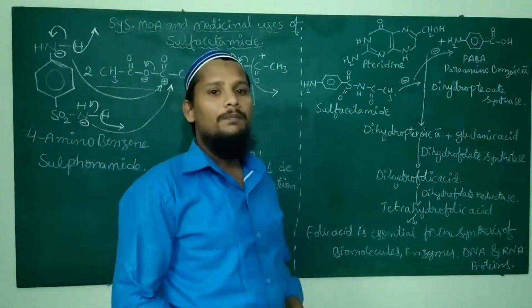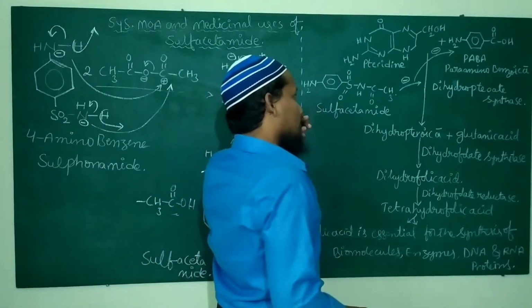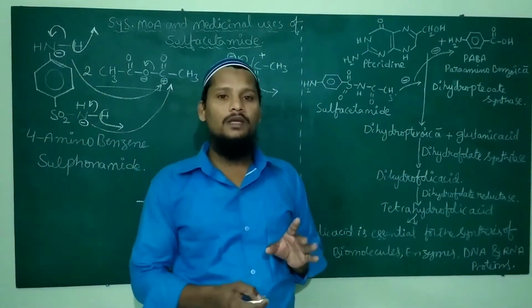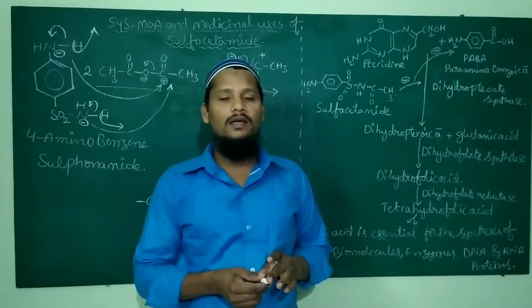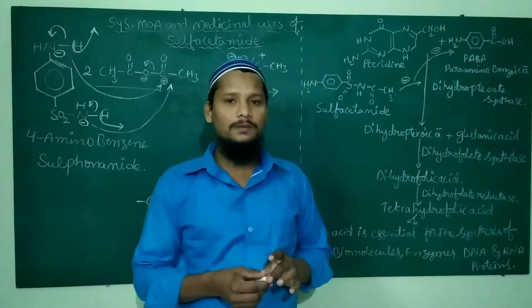Now coming to the mechanism of action of sulfonamides. In general, the microorganism bacteria requires folic acid for the synthesis of DNA, RNA, some of the biomolecules and for the synthesis of proteins.